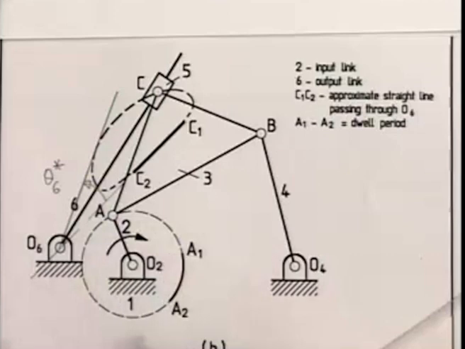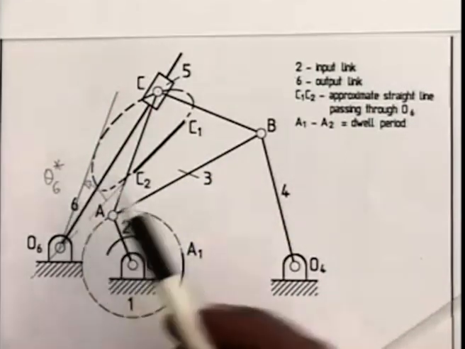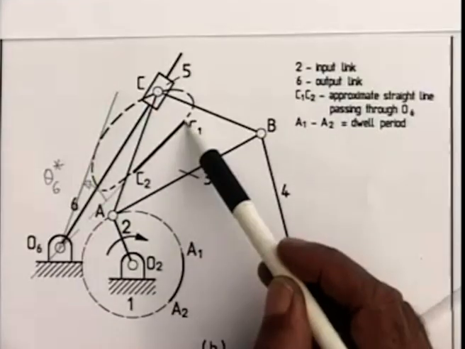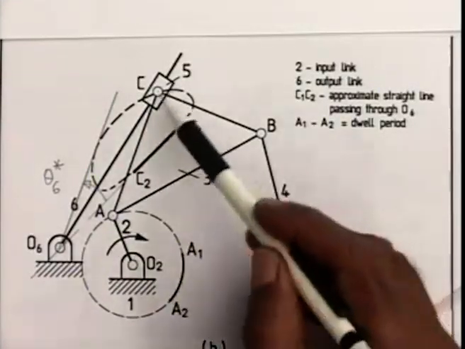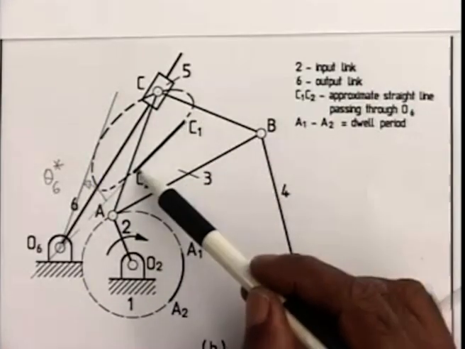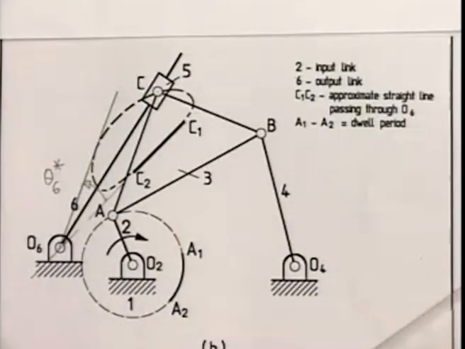And during continuous rotation of the crank of this 6-link mechanism, the output link 6 undergoes a dwell period when the crank pin A moves from A1 to A2, that is, the coupler point moves from C1 to C2, and it swings through this angle theta 6 star.